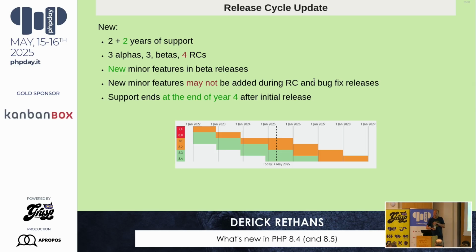Now, at some point in the future, we might have to make changes to this again due to regulation. Regulation is starting to impact open source projects more and more. And in the EU, there's a Cyber Resilience Act that Roman sort of mentioned up front as well. The PHP Foundation is helping to write guidelines around it and hoping to influence politicians.